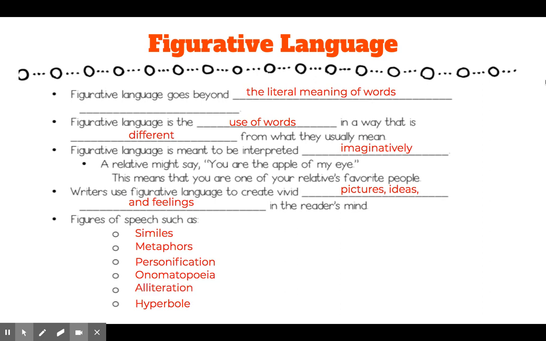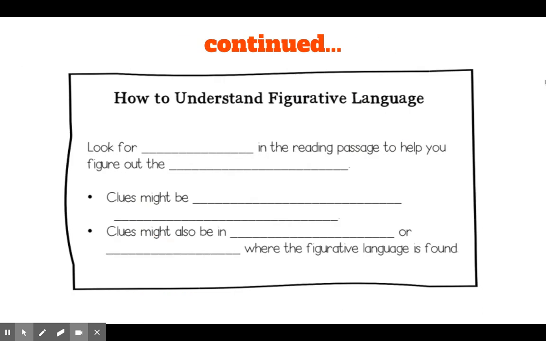Alliteration, and then hyperbole. Now, if you need to pause this video right now to finish the rest of your notes taking, go right ahead. We are going to move on to the bottom part of it, how to understand figurative language, which is the next slide.